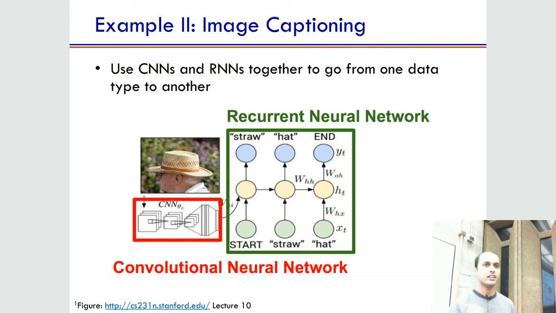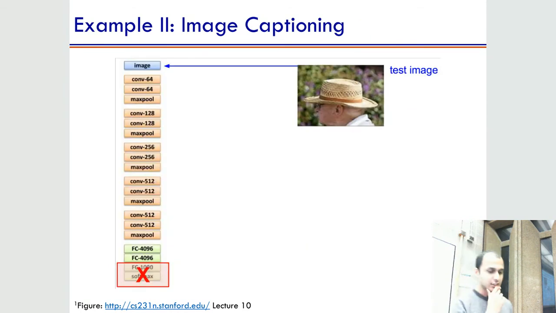I'm skipping a lot of NLP details, but there are things you need to have, like a beginning-of-sentence and an end-of-sentence token. So how do you do this? You take an image and do the feature extraction, which is what you've been doing, for example, in your assignment.